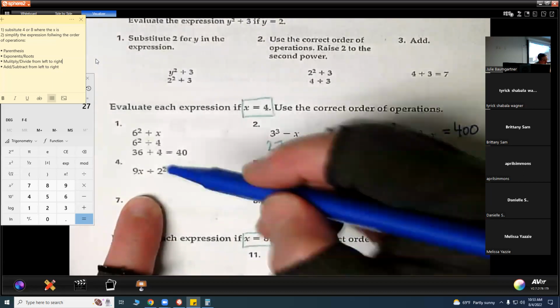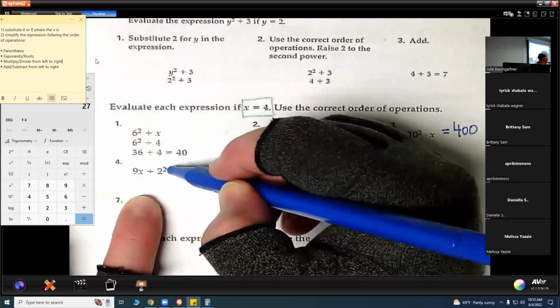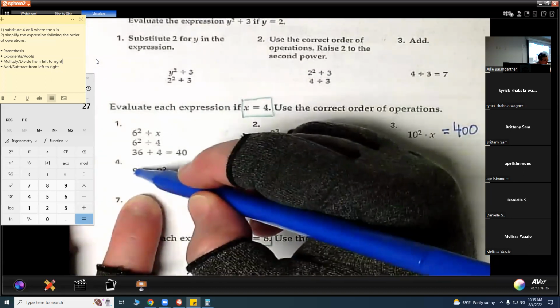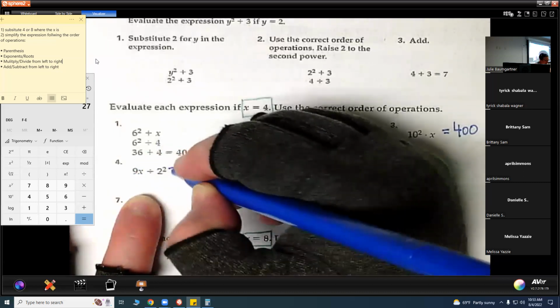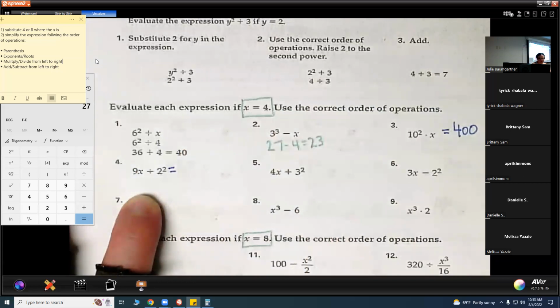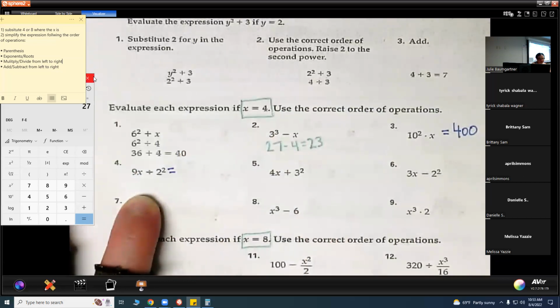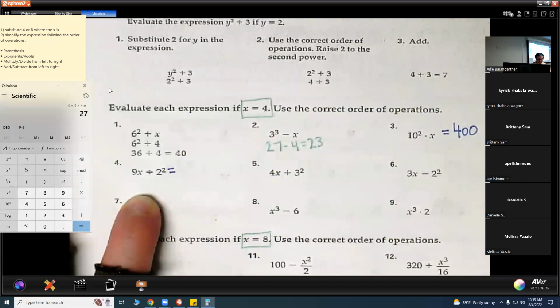Okay, and then here, 2 squared is 4. 9 times 10 is 90. So then 90 divided by 4 is what? 22 and a half. Is that what you guys got?